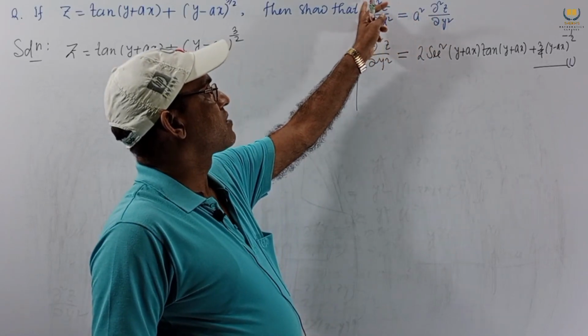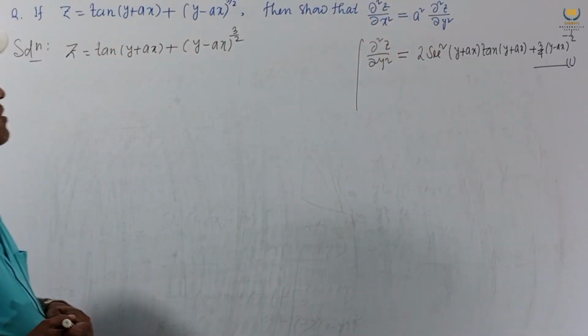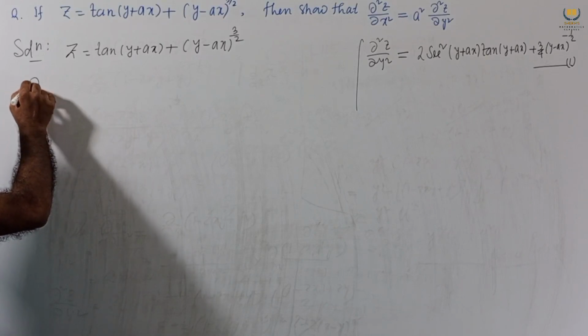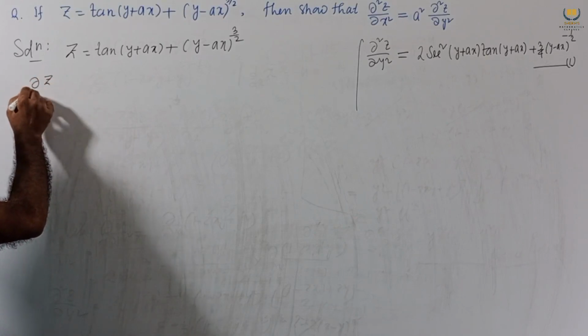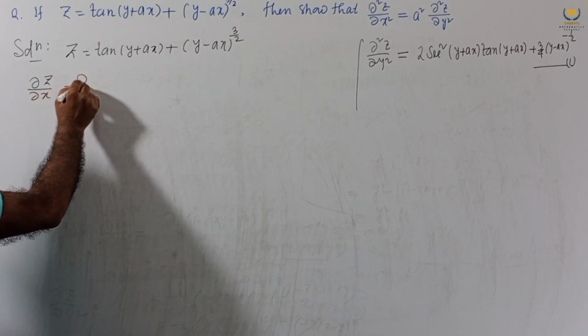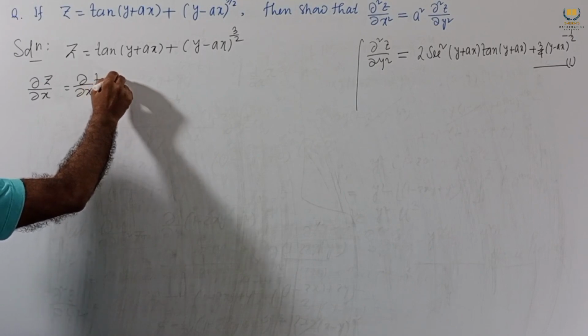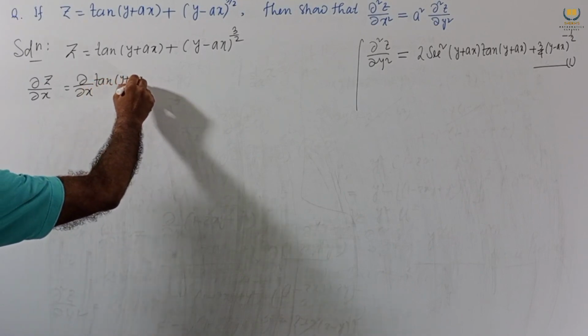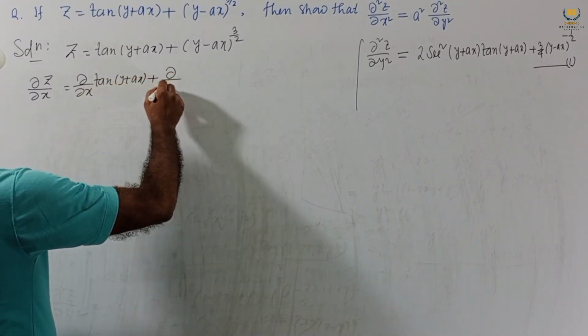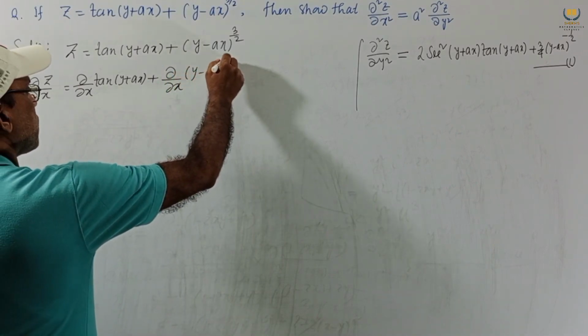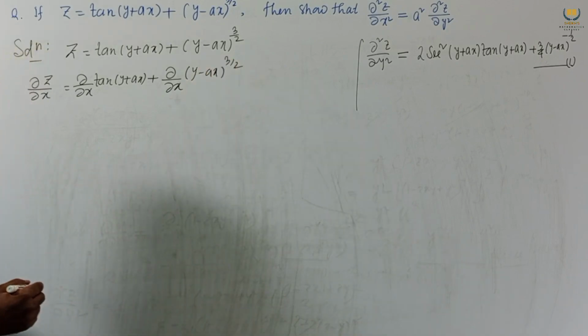Next our requirement is del square z by del x square. So again we differentiate this one with respect to x: del/del x of tan(y plus ax) minus del/del x of (y minus ax) to the power 3 by 2.